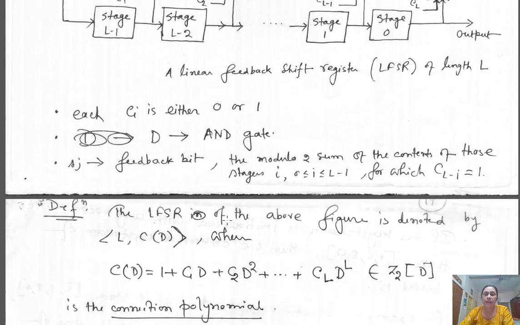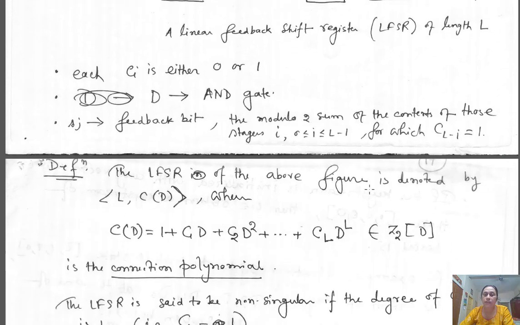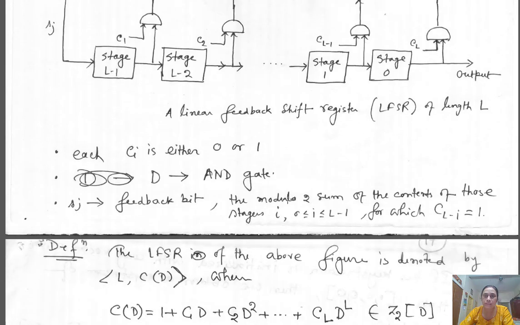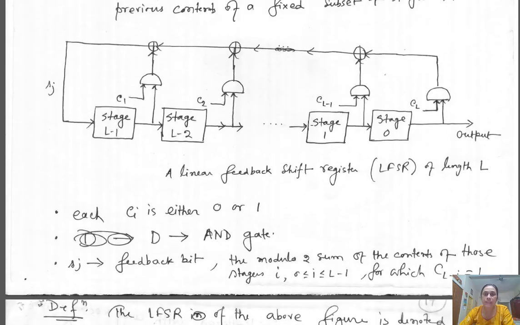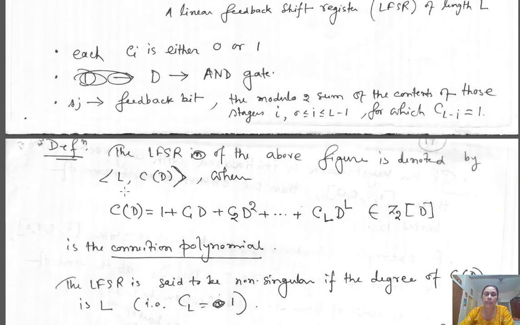Now we define the LFSR. This LFSR is represented by L, C(D). L is the length of the LFSR and C(D) is the connection polynomial. How do I define the connection polynomial?